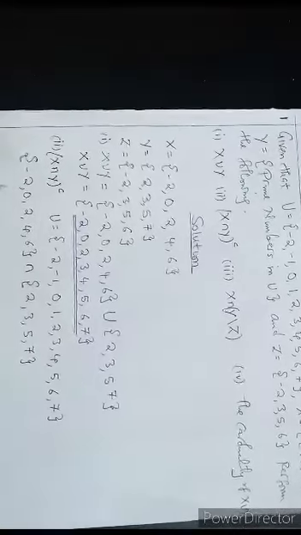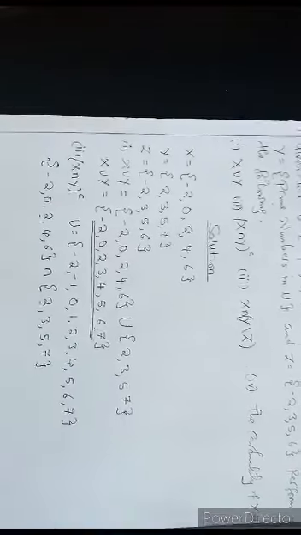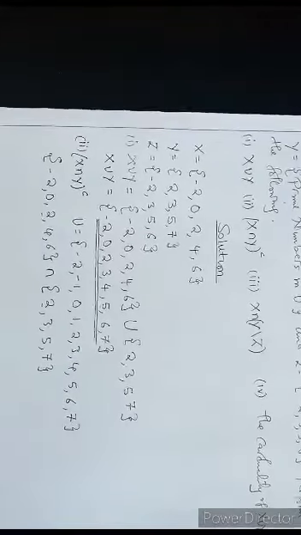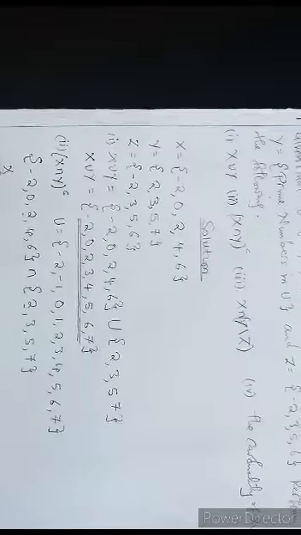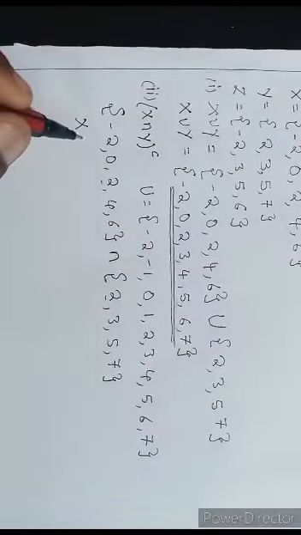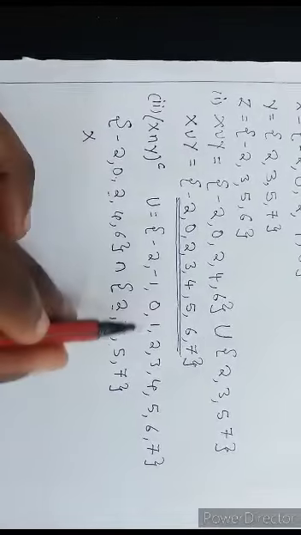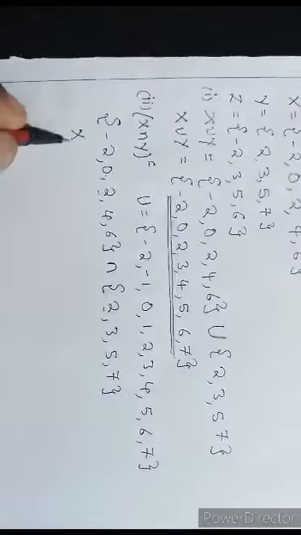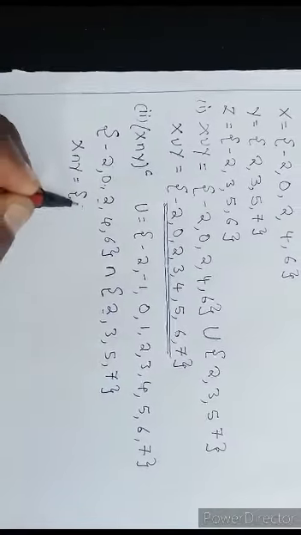So let us find what is common. We have 2 in here, we have 2 in here. So only 2 is common here. The only element which is common between X and Y is 2.